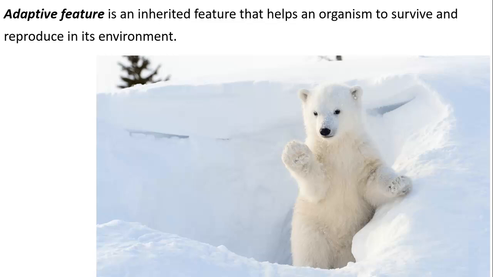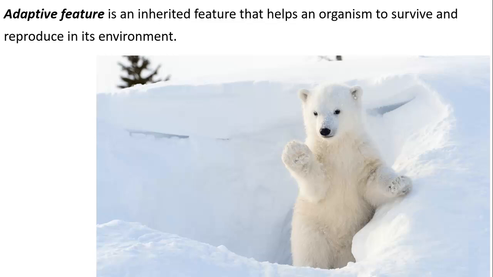These are inherited features, which means that they are encoded on your genes, that help an organism to survive and reproduce in its environment. So, look here at this bear. What are the adaptive features that are helping this bear to survive and reproduce in the environment?